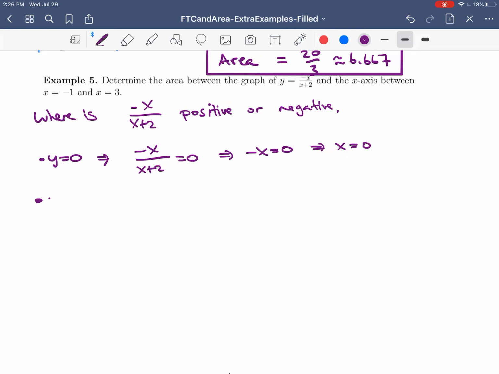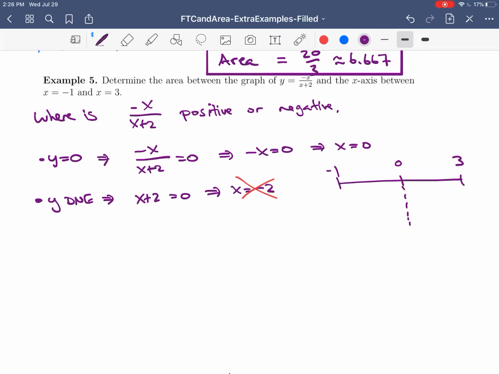I also should think about where it does not exist, because it could switch from positive to negative there. That's when x plus 2 is 0, when x equals negative 2. Negative 2 is not in our interval, because we're going from negative 1 to 3, so we don't have to worry about that one. It could switch at 0, so let's check a point.